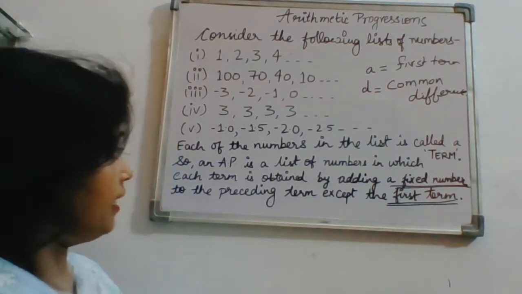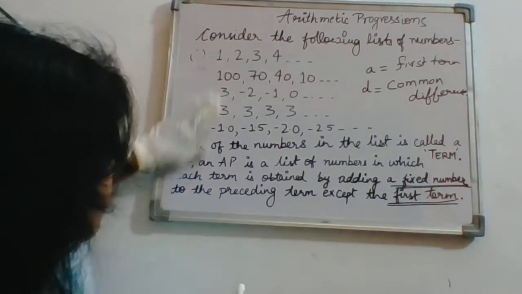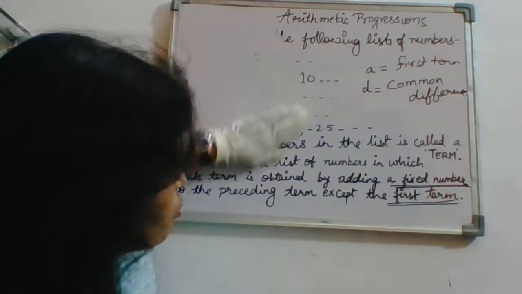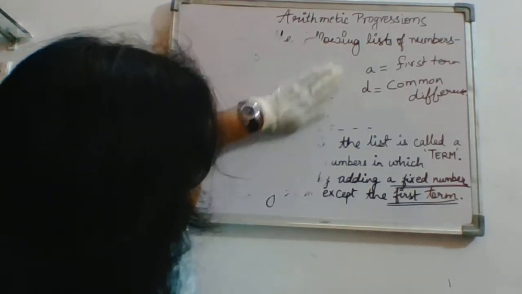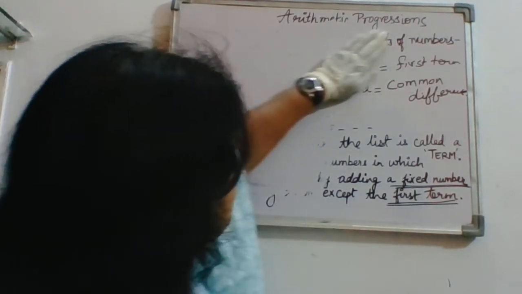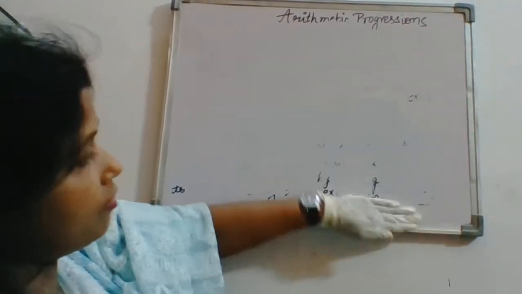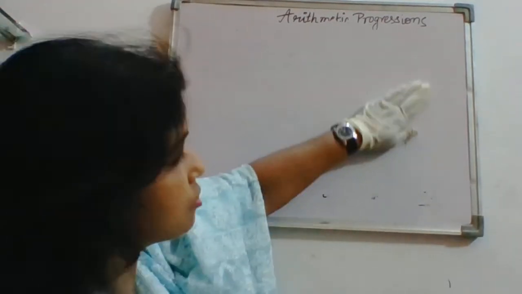So AP is the list of numbers in which each term is obtained by adding a fixed number to its preceding term except the first term. If you remember the definition, you can identify the list of numbers.